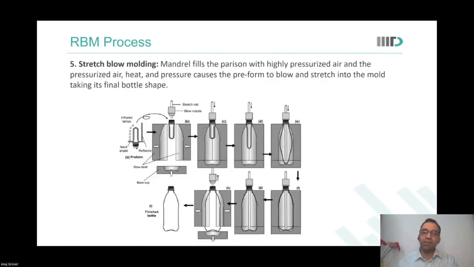And then once that is done, you put those small preforms into an injection mold and blow heated air into it. As more and more air goes, the preform expands gradually and finally takes the shape of the finished bottle. Okay.